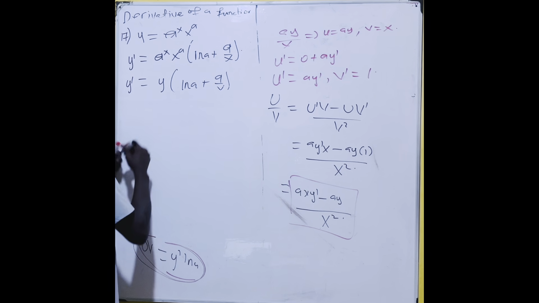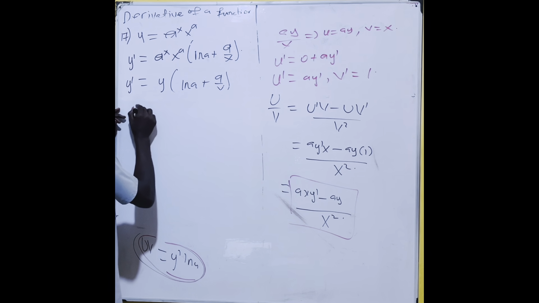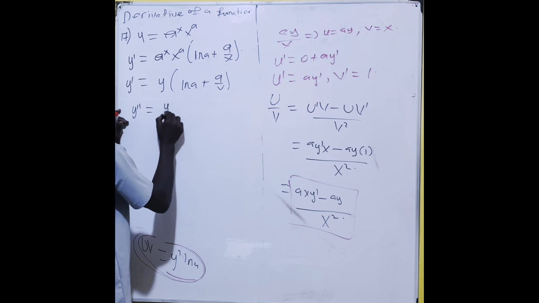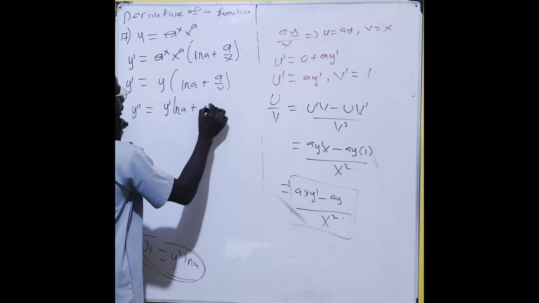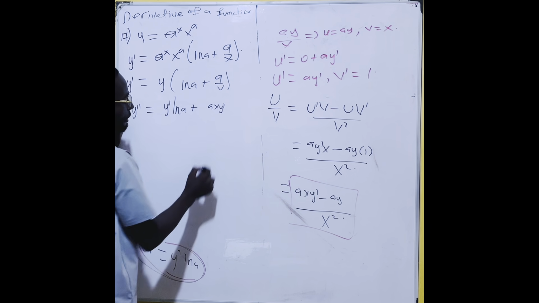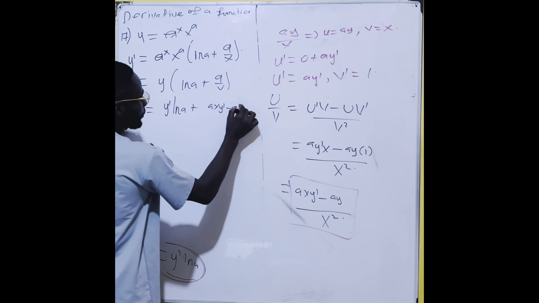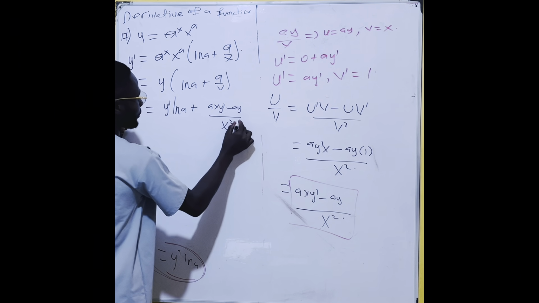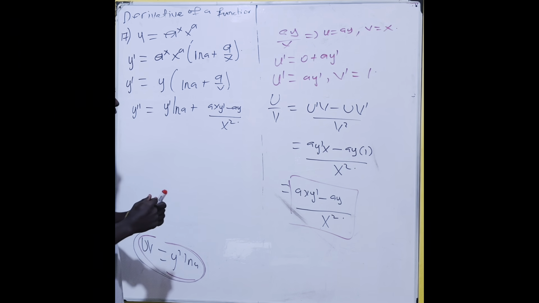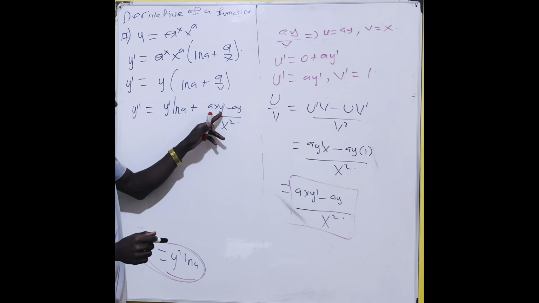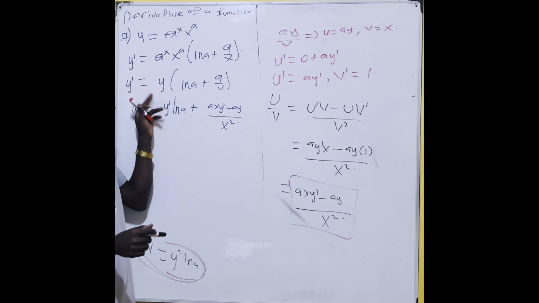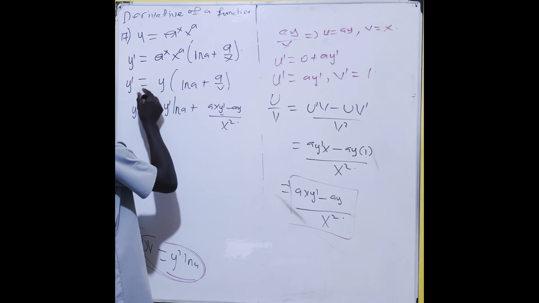So when we do that, then we're going to have y prime prime equals y prime ln a plus ax y prime minus ay divided by x squared, right? And we know that this is from the first derivative. Y prime is the derivative.